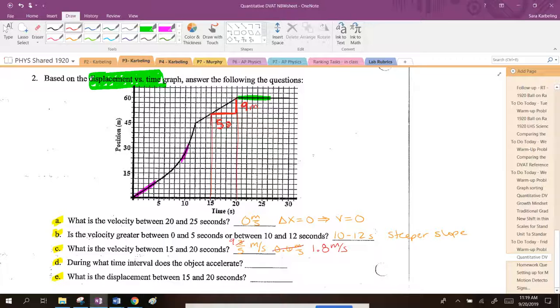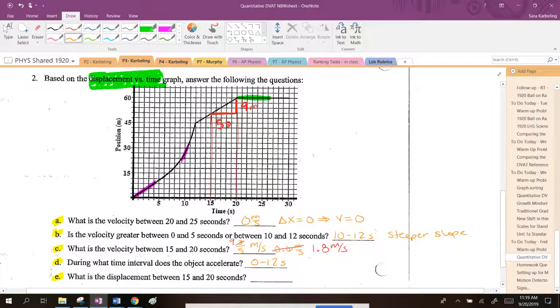All right, let's do D. Letter D. I'm looking at my table right here, my back L table. During what time interval does the object accelerate? What you guys say? Oh, wait. I thought we were on E. Nope, we're on D. Sorry. 0 to 12 seconds. Why do you say 0 to 12 seconds?